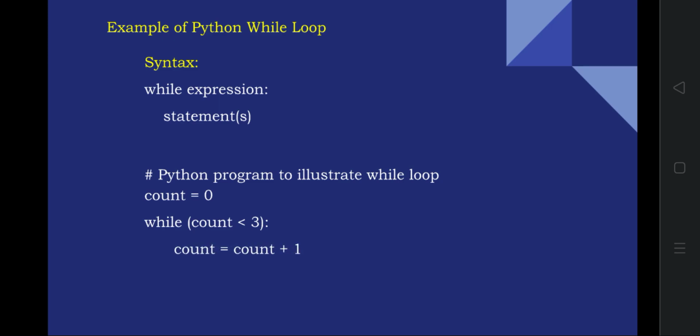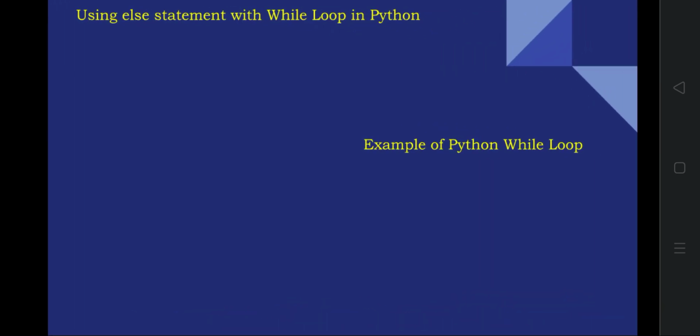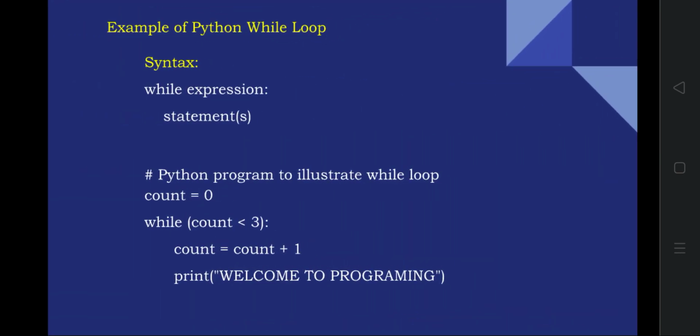So what is the process? Count is equal to count plus 1, and print welcome to programming. That's all. The simple while loop which has two statements, count is equal to count plus 1 and print welcome to programming. That means this will print welcome to programming 3 times, for less than 3 times. From 0 to 1 2, that is 3 times, as the count starts from 0, 1, 2.